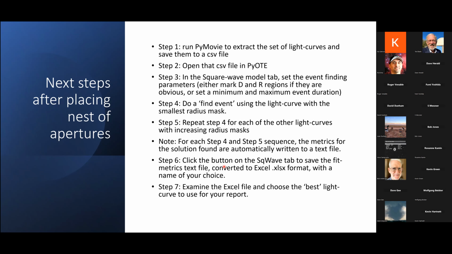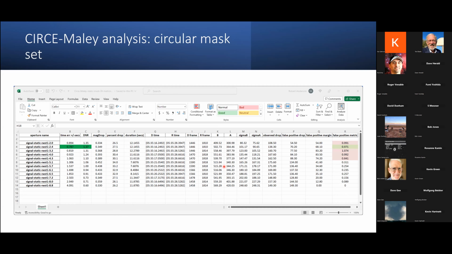So here is an example of that. This is what happened when I ran all of these, which are automatically named. So it is the signal, in other words, it's background subtracted. It was a static and it was a nest 1, and you can do 2 nests if you wanted to. I've never needed to, but you could.